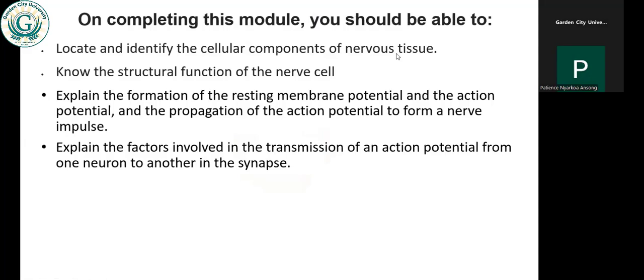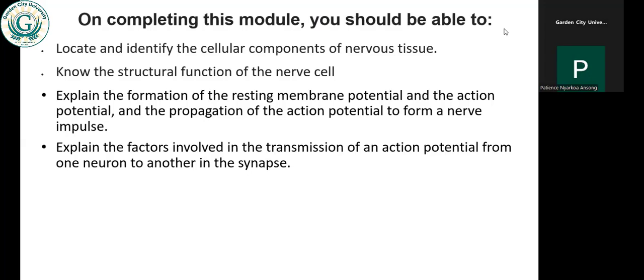So upon completing the first model of the nervous system, you should be able to locate and identify the cellular components of the nervous tissues that make up the entire system. Then you should know the structural function of the nerve cell or the neuron.